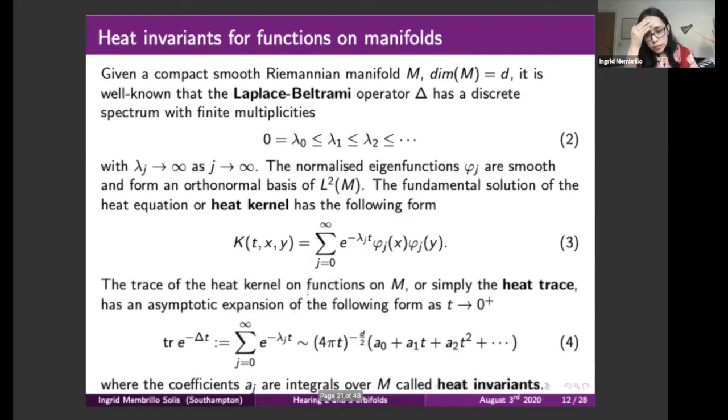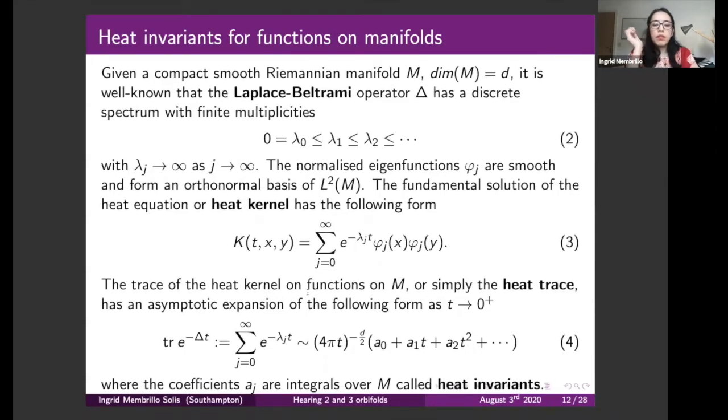The trace of the heat kernel on functions on M, or simply the heat trace, has an asymptotic expansion as t tends to 0, given by this, where the coefficients a_j are integrals of polynomials over M, and these coefficients are the invariants that we call the heat invariants.